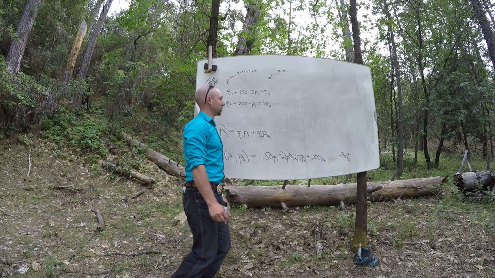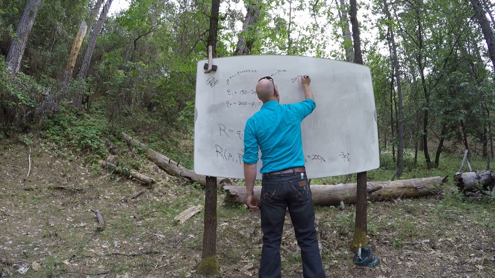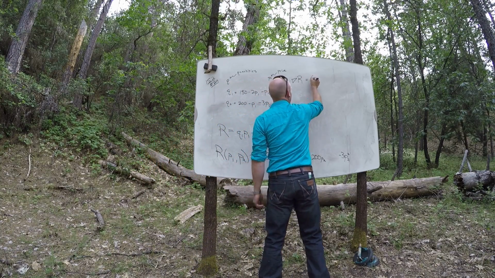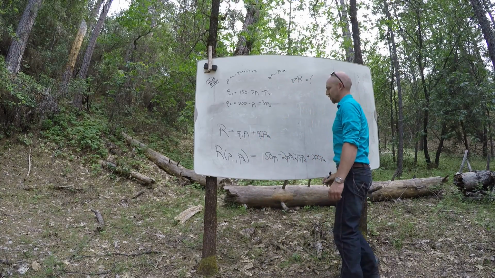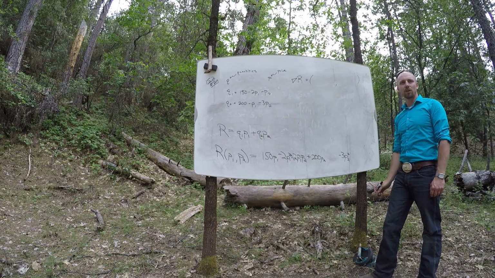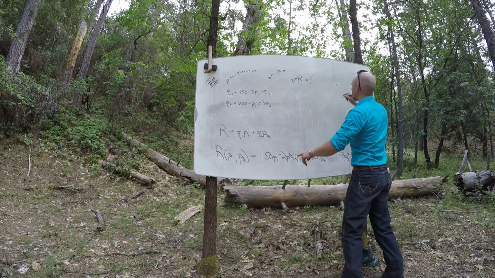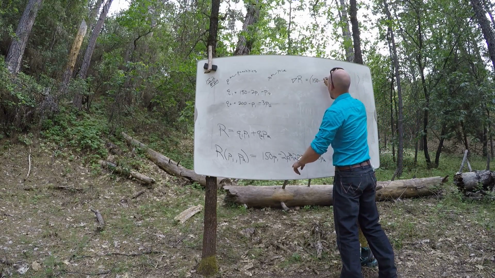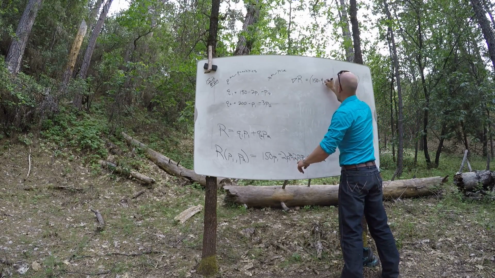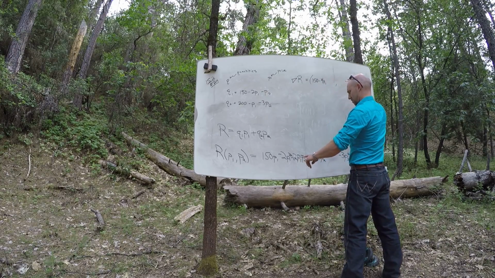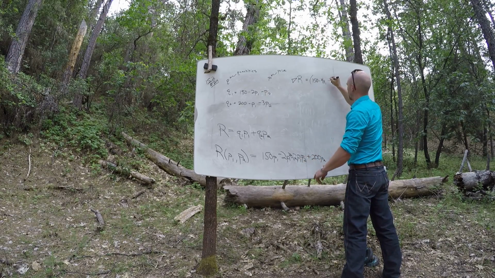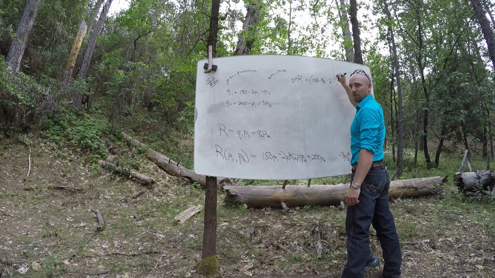Take some partials. I want the gradient of my revenue function. So the first partial is 150 minus 4 P1 minus 2 P2.